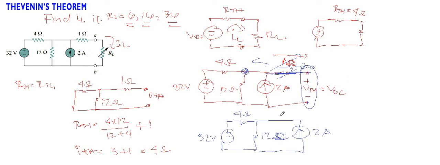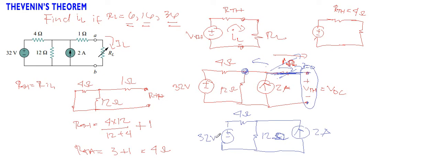Now, we can solve this easily. How? You can solve this by nodal analysis, mesh analysis, source transformation, and also the linearity property, but you need a reference to get K. Let's try to solve this using source transformation.